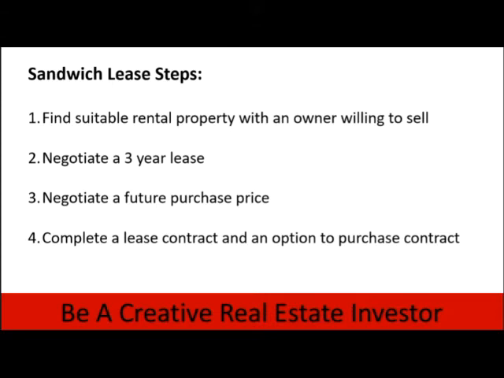That way, if you have a difficult time finding the owner of the property when it comes time to buy that property, you already have the purchase and sale contract in place. You also want to pay a small option fee, and again, this option fee that you're paying out is going to be as small as possible.